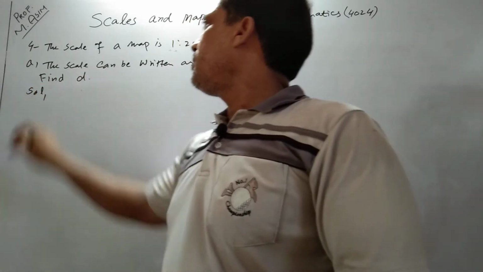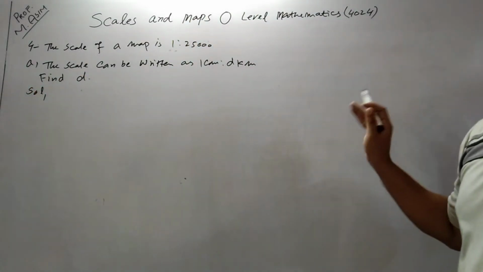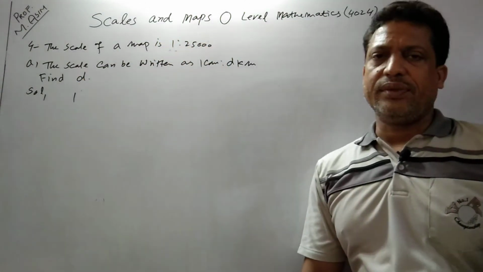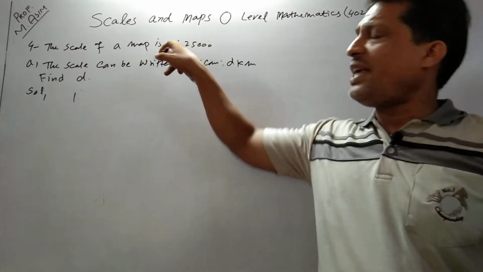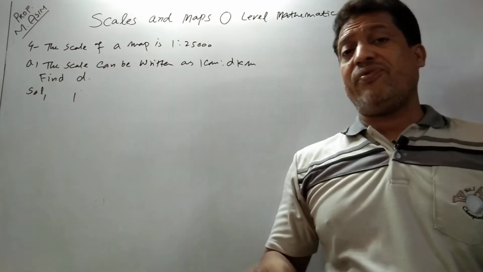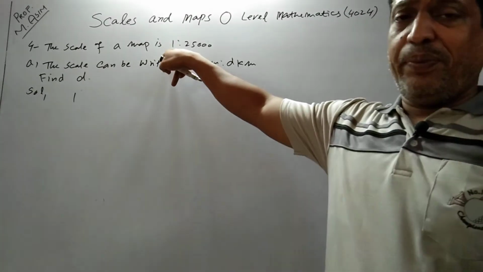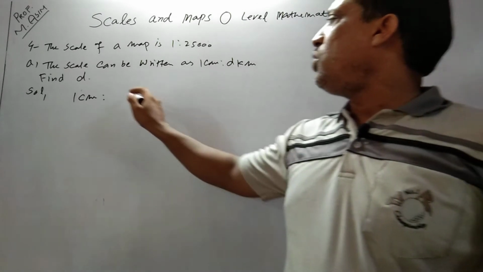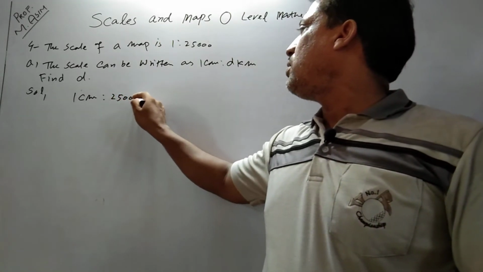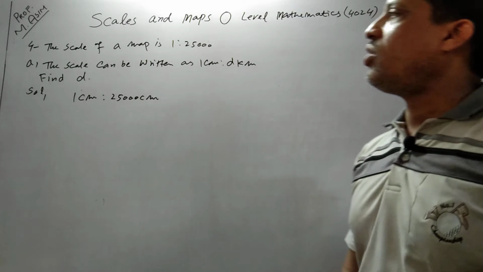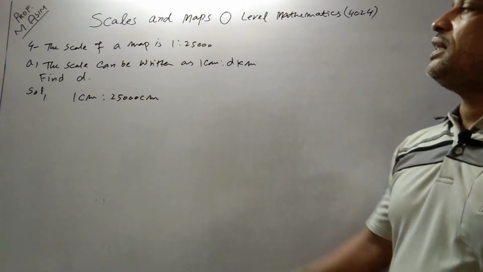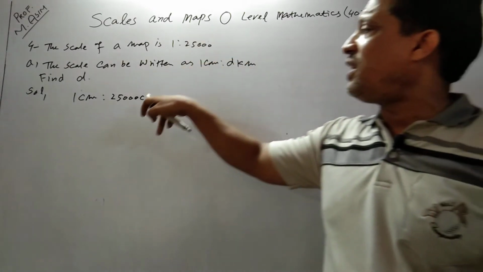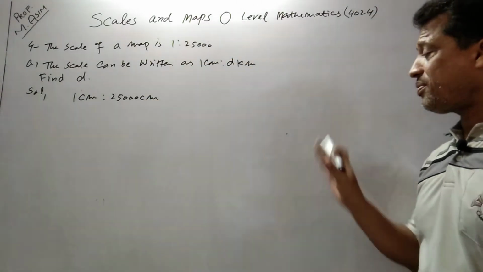Solution. Very easy. The scale of a map is 1:25,000. Again, you are seeing the scale in the form of 1:something without a unit. Therefore, this represents 1 centimeter on the map representing 25,000 centimeter in actual value. The scale can be written as 1 centimeter to d kilometer, which means we must convert this centimeter into kilometer. How to convert?